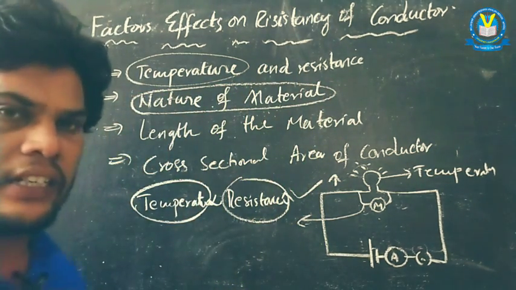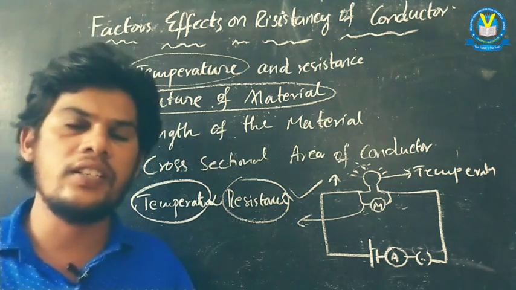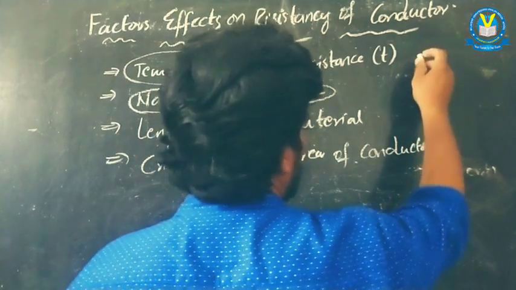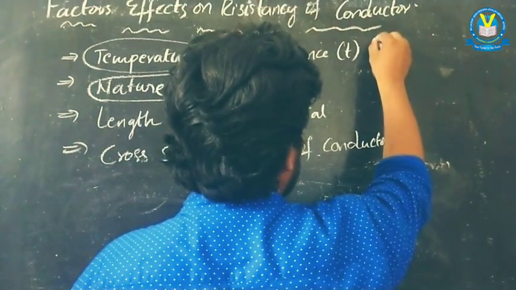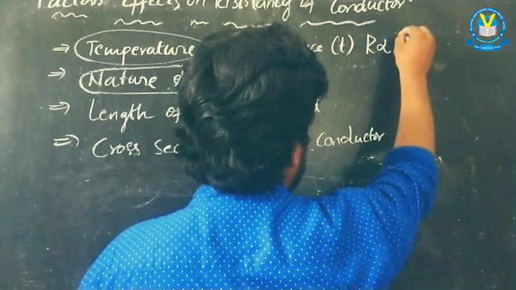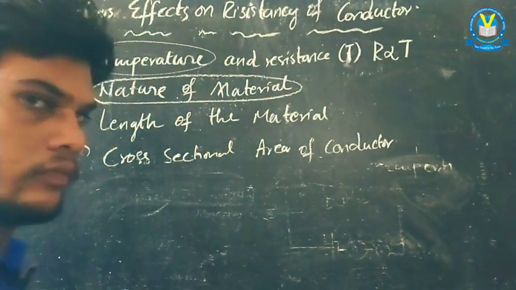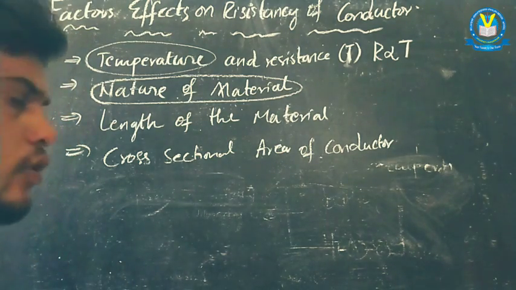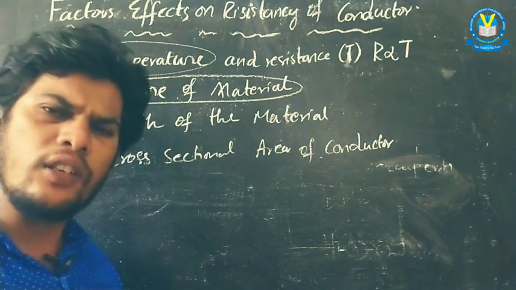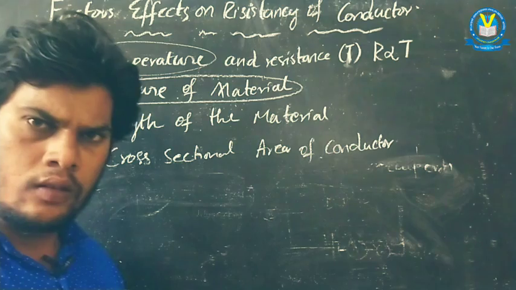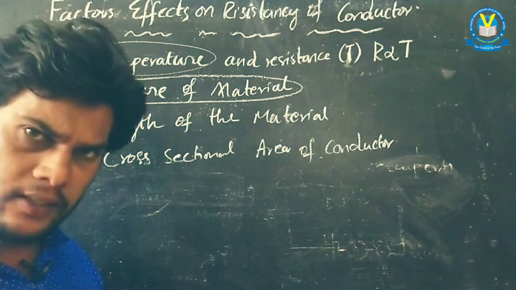What about the nature of the material? It is the second factor that influences the resistance of the conductor. So the nature of the material also influences the resistance. How?